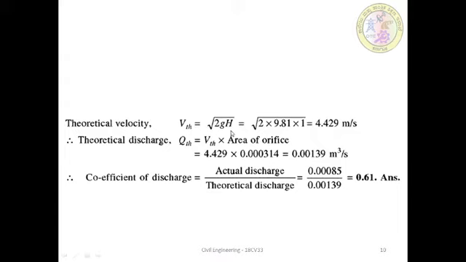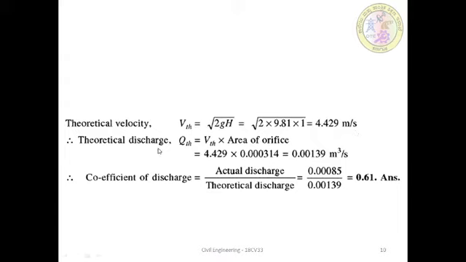The theoretical velocity is square root of 2gh, where the head of the water above the level of the orifice is H equal to 1 meter. Substituting, we get the theoretical velocity as 4.429 meter per second.